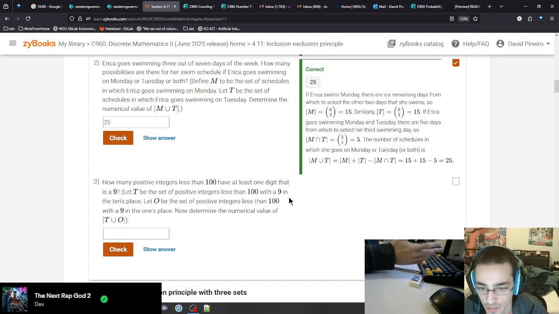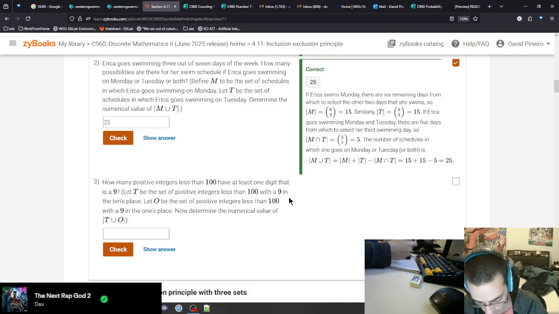Only one of the digits is 9. And then now the possibilities for the other number is 10. Because you can choose 10 more digits. So I'm just gonna say that. And the tens digit is gonna be the same, I guess. Okay, and then their intersection is gonna be 1, right?